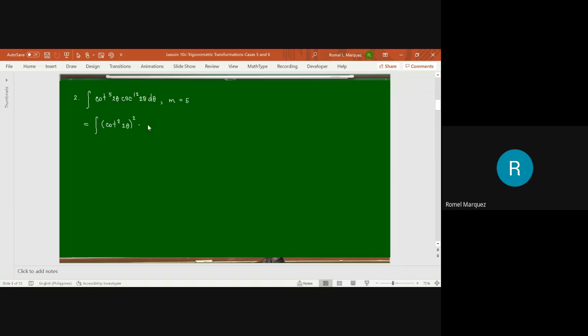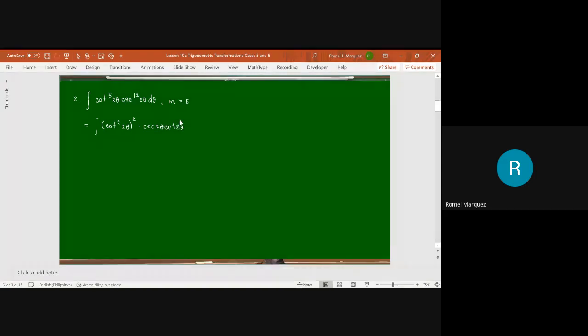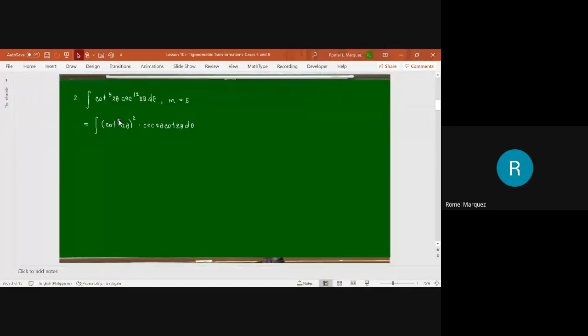So we have one cosecant of 2 theta, cotangent of 2 theta. And then there is a remaining what, guys? Remaining cosecant to the 11. Am I right, guys? So you have to multiply by cosecant to the 11.